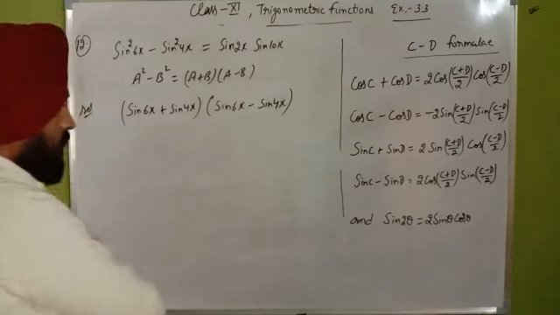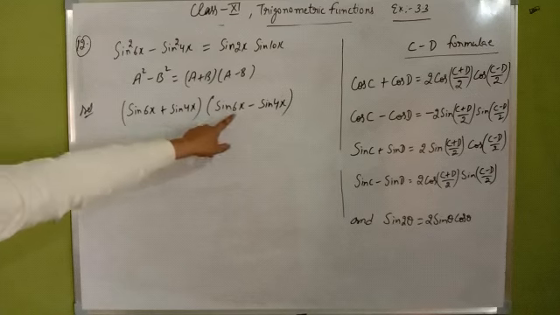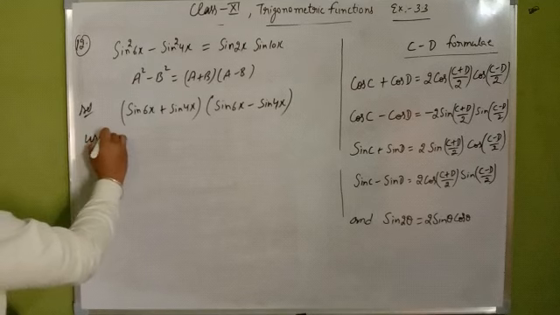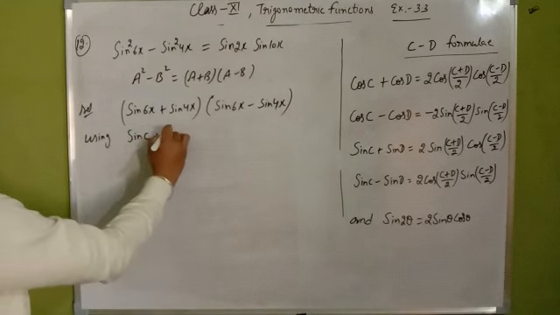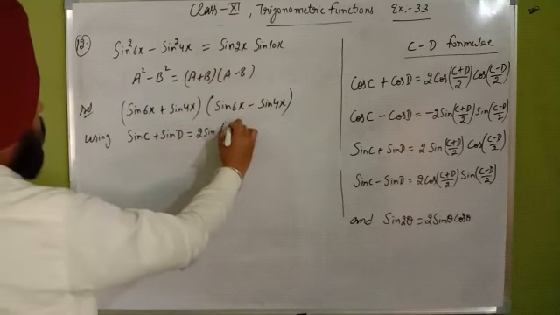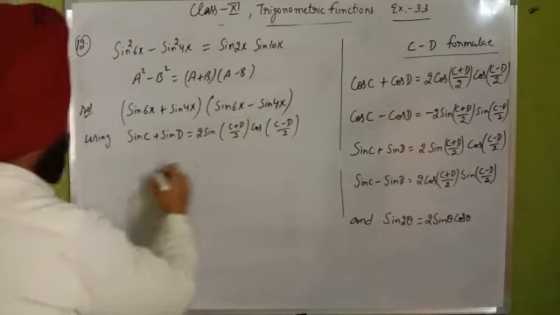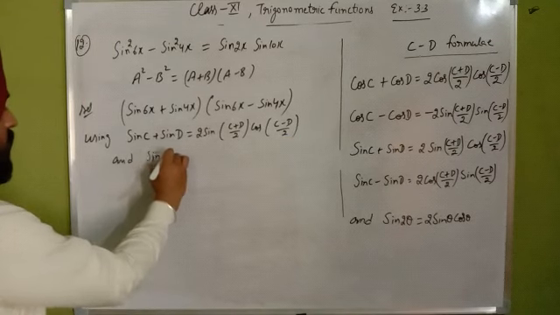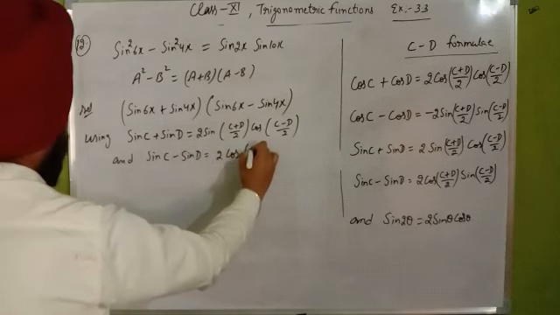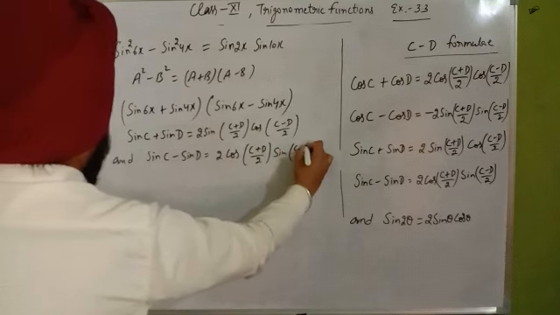Now we can apply the CD formulas here, sine c plus sine d and sine c minus sine d. We have to apply both identities: sine c plus sine d equals 2 sine of c plus d upon 2 into cos of c minus d upon 2, and the second identity, sine c minus sine d equals 2 cos of c plus d upon 2 into sine of c minus d upon 2.